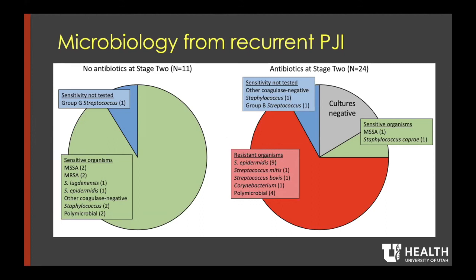Staph epi is one of the most common bugs that we see. And when we look at the antibiogram at the hospital, over 85% of the staph epi in the hospital is sensitive to doxycycline. But as a larger group of coag-negative staph, we know that most of those are actually resistant to beta-lactams, clindamycin, and TMP-sulfa.